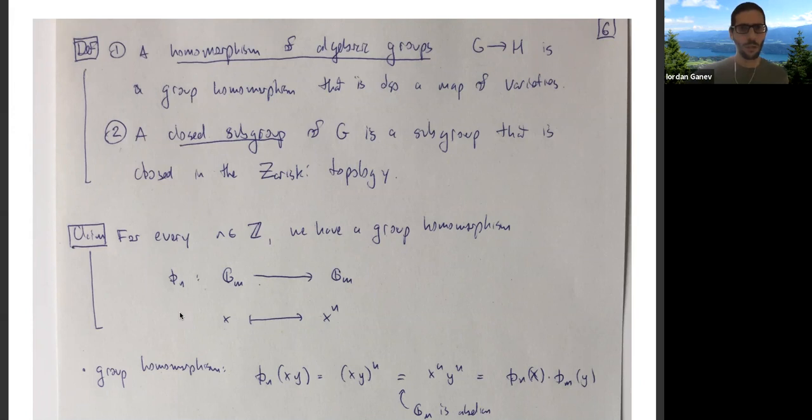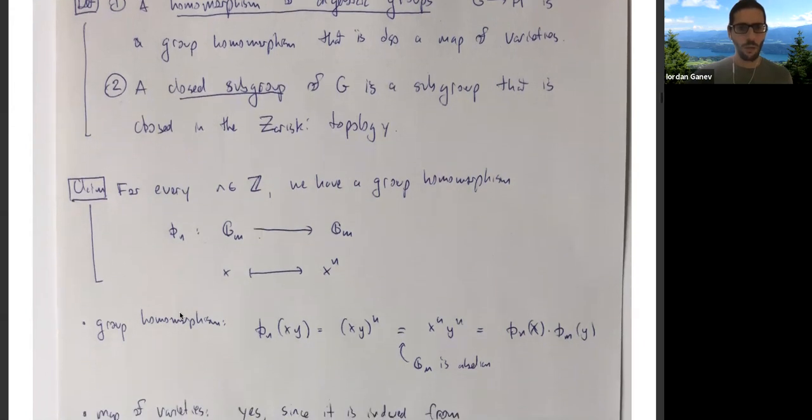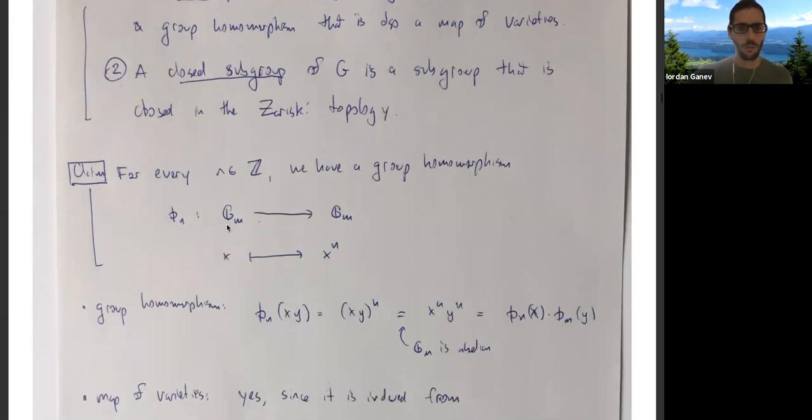So what are some examples of homomorphisms? Well, first of all, we just defined G_m, and the claim is that for every integer n, there's a group homomorphism from G_m to itself that takes any element in G_m, so any non-zero element in the field, to its nth power. First of all, it's a group homomorphism because we just write it out.